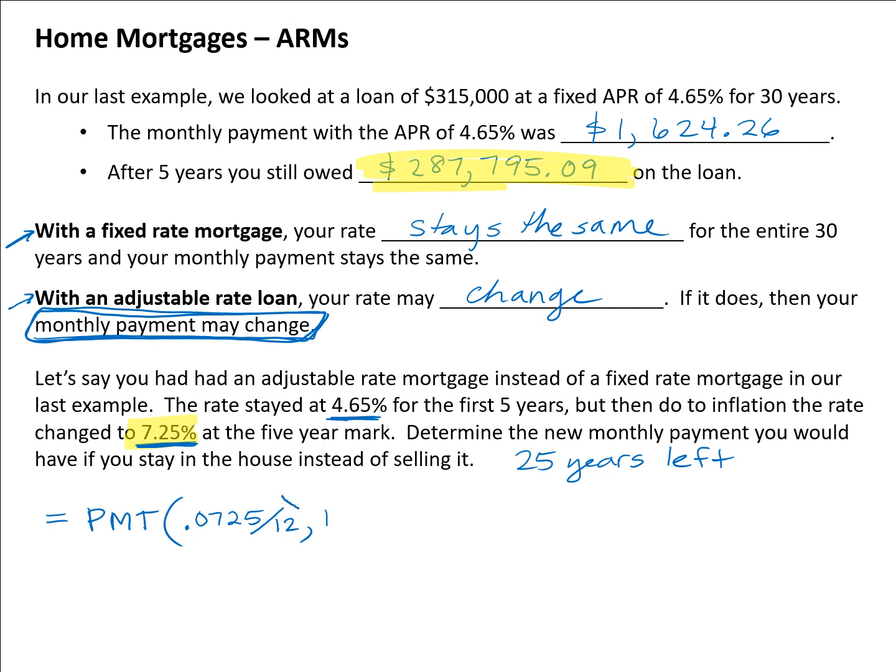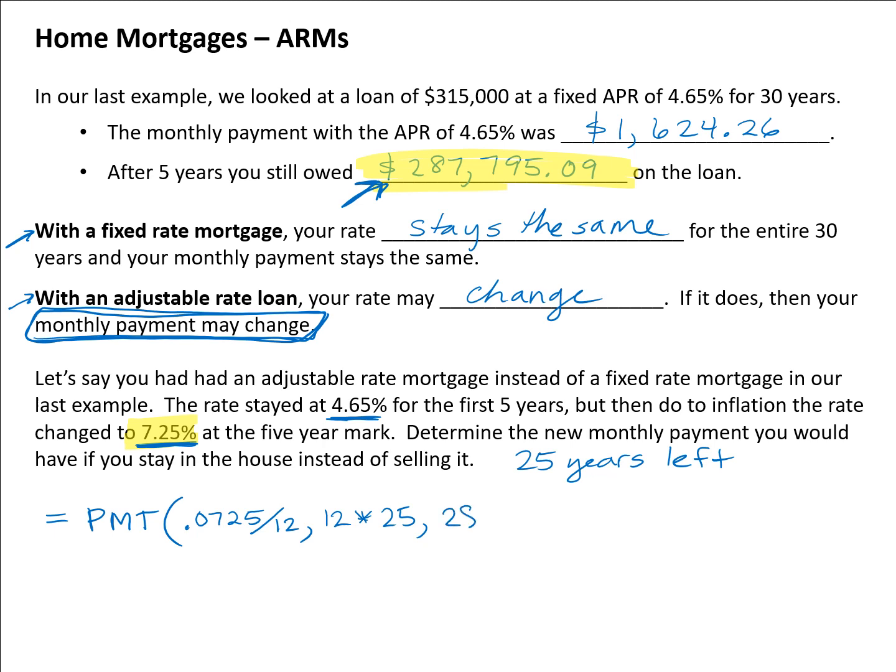Now we're paying every month, so that's 12 months during the year for 25 years. And then our new loan amount is really a loan amount partway through. Remember, at the 5-year mark it changed, so we look at how much we still owe at the 5-year mark.